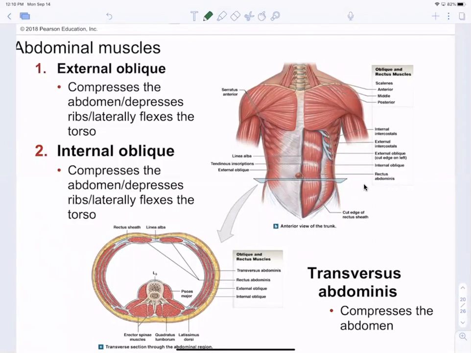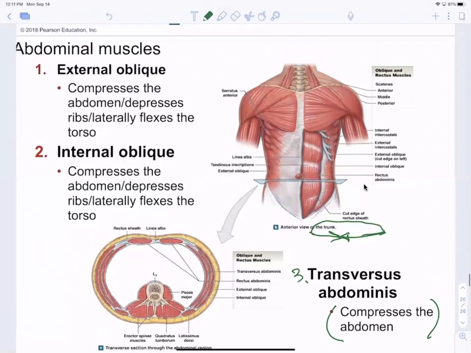I'm trying to find a picture of this, but I don't see one. The transverse abdominis kind of goes around in a corset around your body. So if I were to say suck in your abdomen, right? You want to pull in your abdomen and make your waist smaller. That would be transverse abdominis. And that would be pulling your kind of corset in.